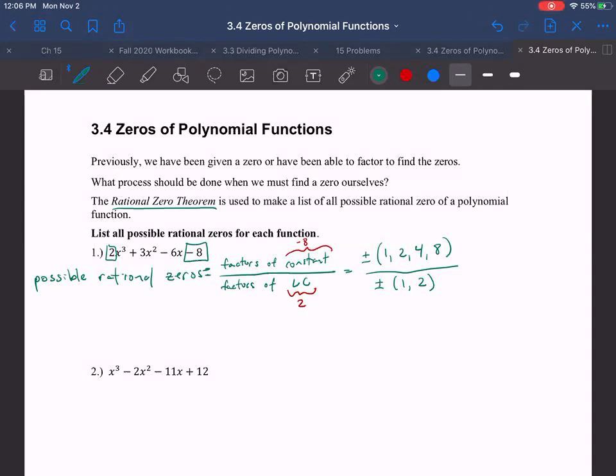Next, what we need to do is go through and group up all of our possible ways we can group those together. So if I look at this, I can do 1 divided by 1. So I can do a plus or minus again, because I can have each one be positives or negatives. I can have 1 over 1, 1 over 2, like that.